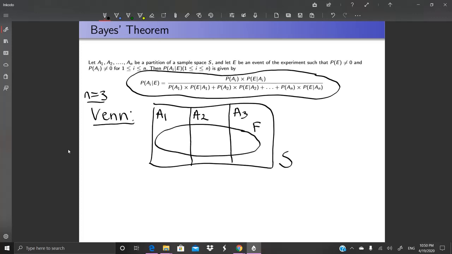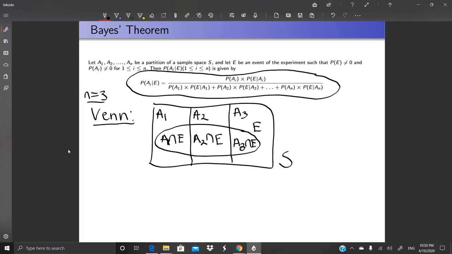You can think of this piece over here as A1 intersect E, this would be A2 intersect E, and this last one right here would be A3 intersect E. Hopefully that makes sense: A1 is that whole piece, so the piece that's just contained in E would be the intersection.